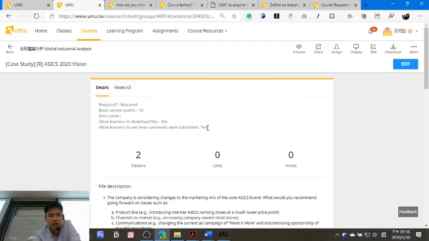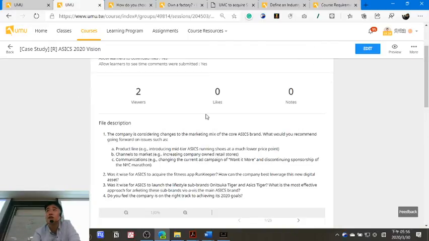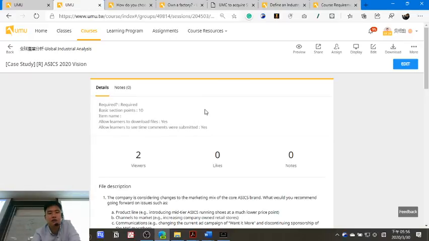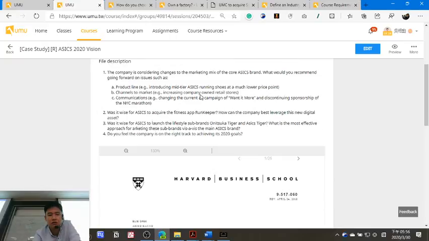ASICS 2020 Vision. Do you know this brand? If you run, you will definitely know this brand. Next time we will have this case study, and so there are two things: first is finish the questionnaire, and the second one is read the case and finish the write-up.